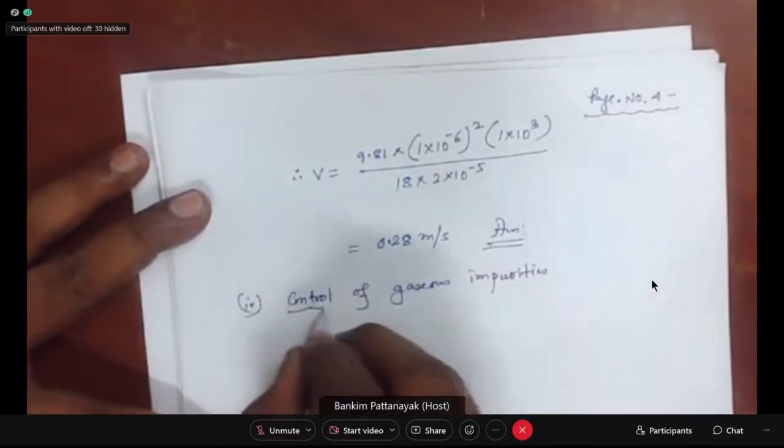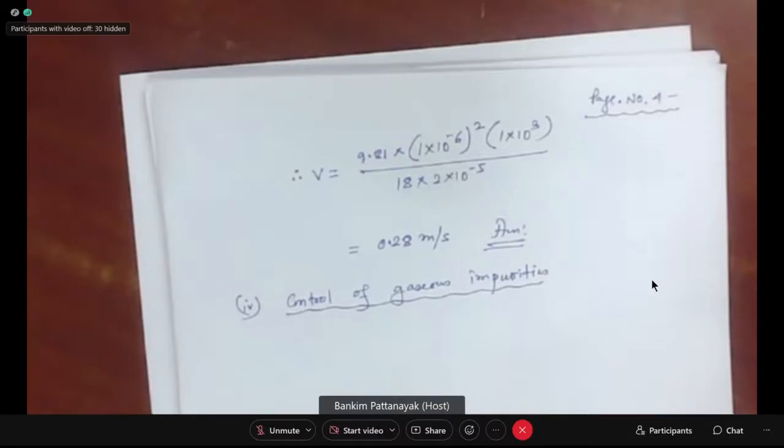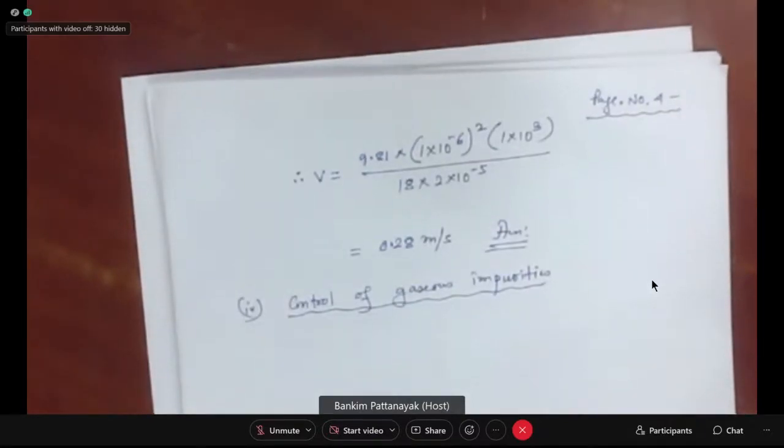So far we have been discussing the separation of solid particles. Now we shall take up the matter of control of gaseous impurities. How do we do that?